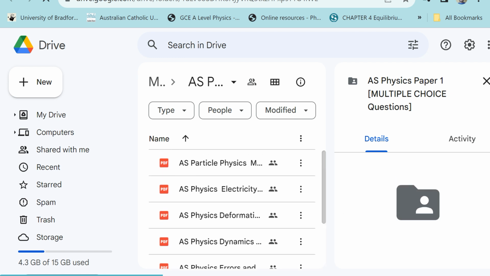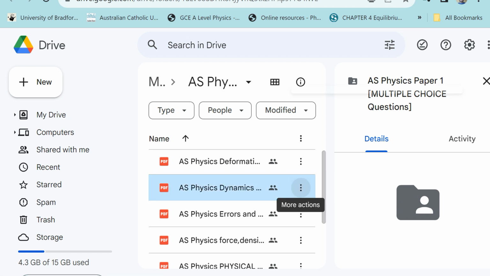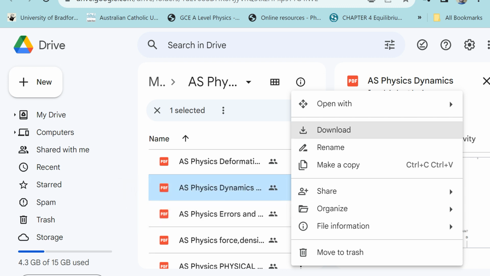It shows the multiple choice questions, and all you do is click on these dots here, and when you click on the dots, you will see download. When you click on download, it automatically downloads into your computer, so you can open it, you can print. It is free. All you need is to print the document and maybe watch the videos as you learn.